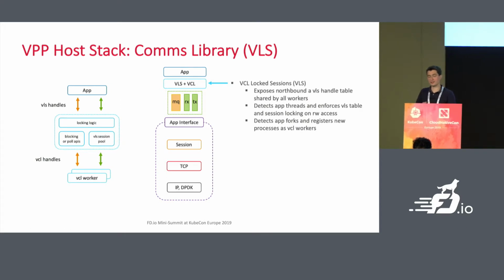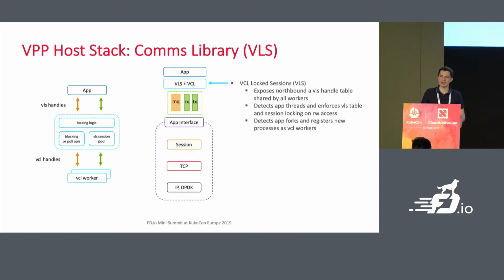Now, for situations when an application cannot be changed to ensure that multiple workers do not share a session, or if an application has multiple threads and those threads cannot be registered as separate workers, we have another shim layer that we call VCL locked sessions, or VLS. This is new, it's rather recent, probably yet again the last one or two releases.